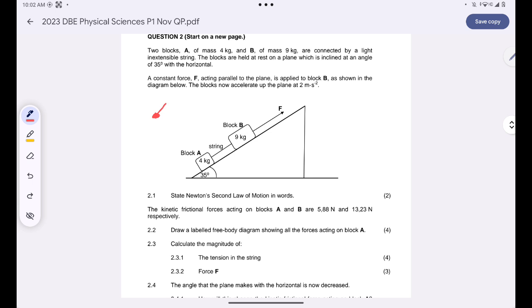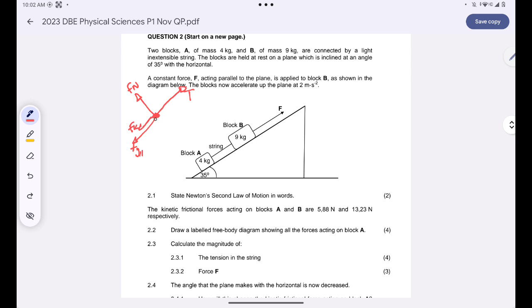Firstly, I have a tension which pulls block A up the incline, and then I have the normal force, which is always perpendicular to the surface, and then I have friction, Fk, there, and then I'll also have Fg parallel.